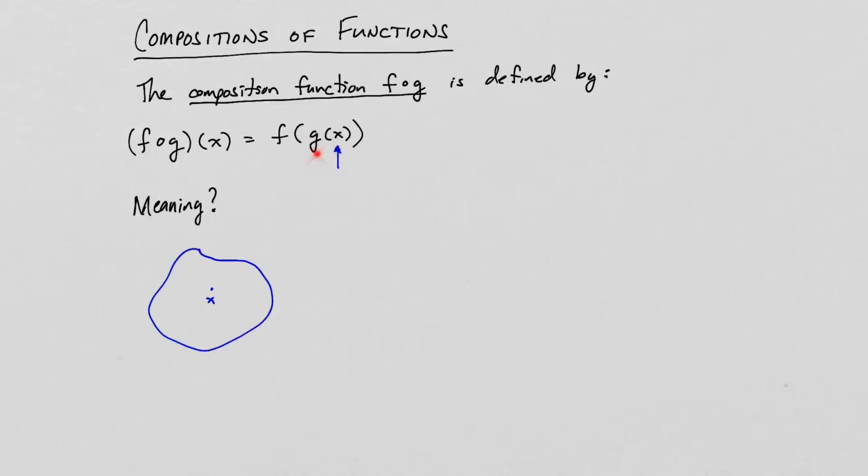Whatever it does, when you apply it to that x value, that's going to convert it into a new value. So the function g will take that x value and send it to a new value, which we will call g of x. And that's in this set of numbers. And so g is what did this.